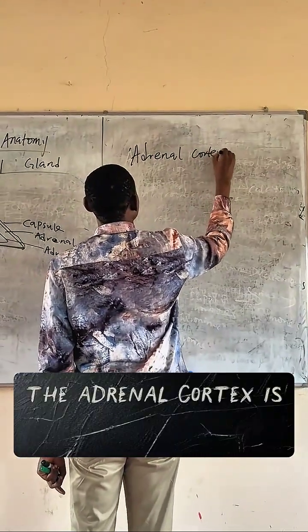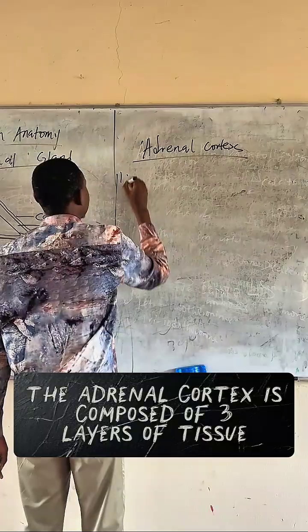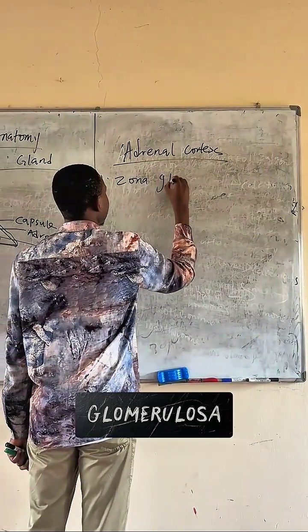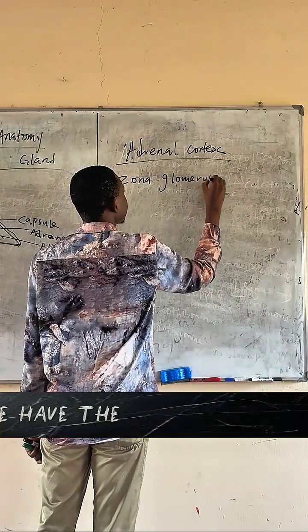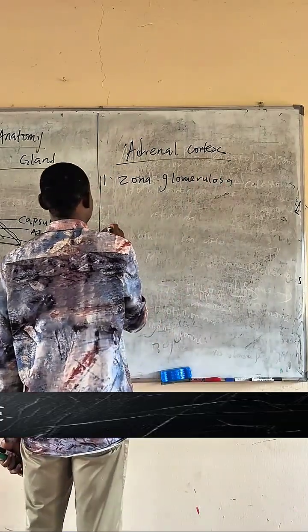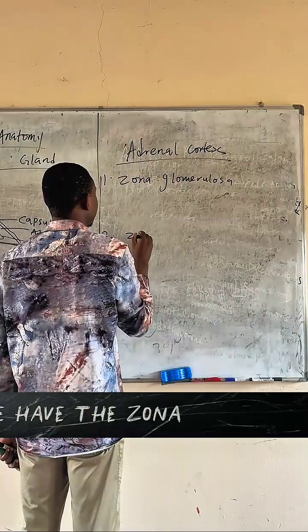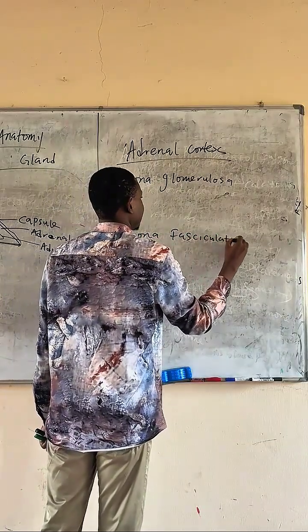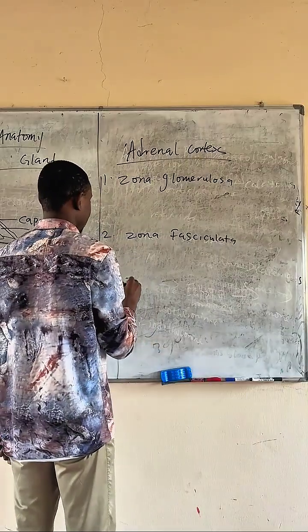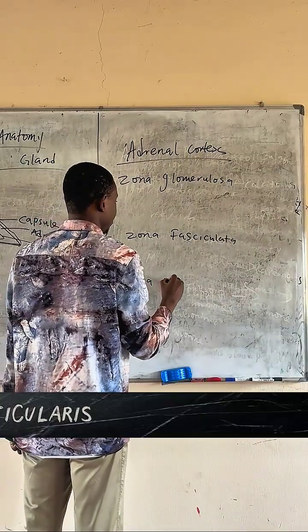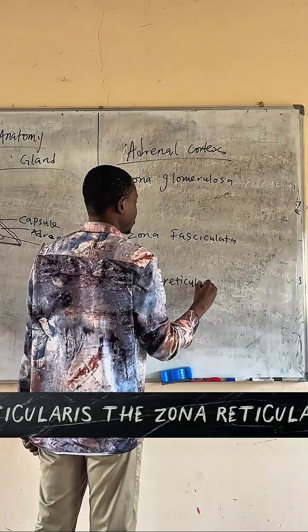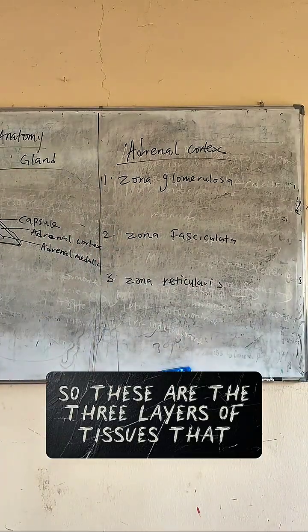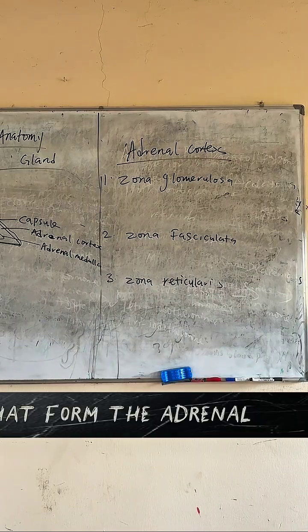So we have the zona glomerulosa, the zona fasciculata, and the zona reticularis. So these are the three layers of tissues that form the adrenal cortex.